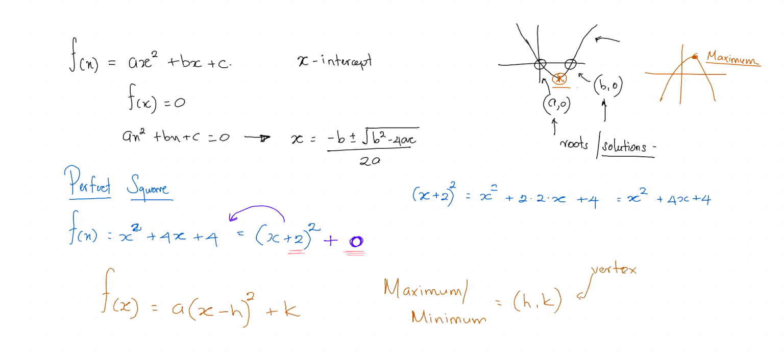A vertex could be either a maximum or a minimum, and the coordinate of the maximum or minimum is what we call (h, k). That is why we want to make it a perfect square. I will show you in the next example how to make it a perfect square, but this is just a very simple example of what a perfect square is and how to find the maximum and the minimum. All right, please take this down and let me know.